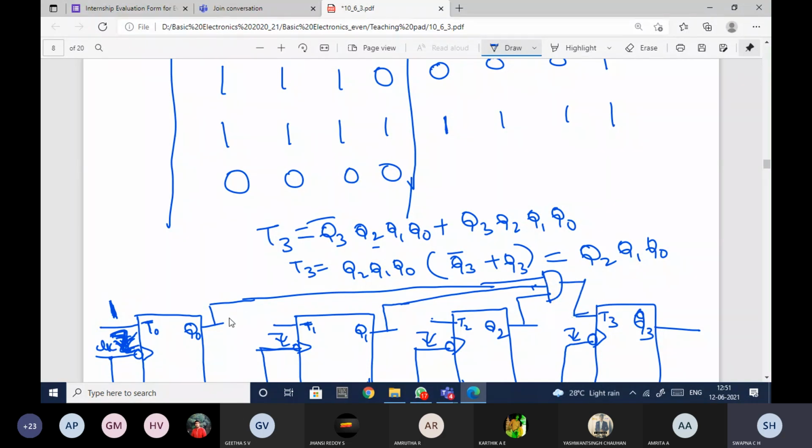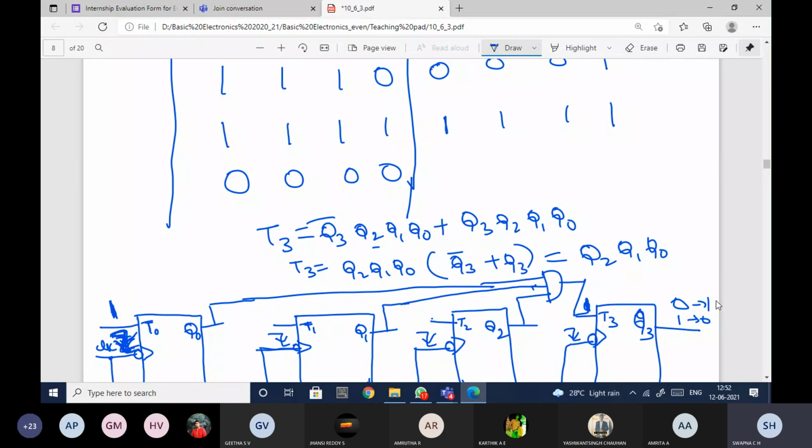Based on the Q0, Q1, Q2 values, this T3 will change. If T3 value is 0, it will not trigger, it will remain in the same state. If T3 is 1, then this will trigger. If it is 0, it will change to 1. If it is 1, it will change to 0. It toggles. So you got the equation for T3.